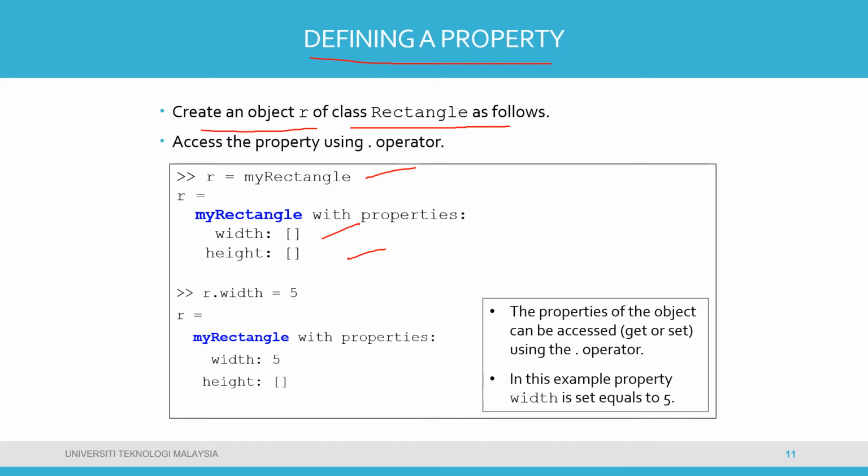You put R dot width, and you will insert this. So this is how you define an object. I will show you in MATLAB after this.